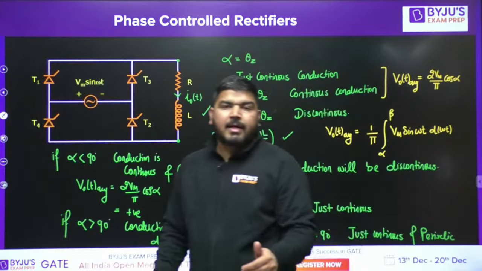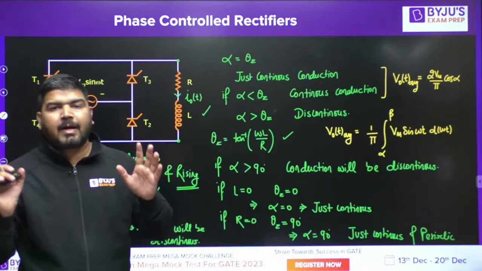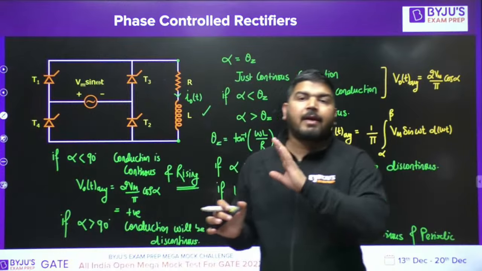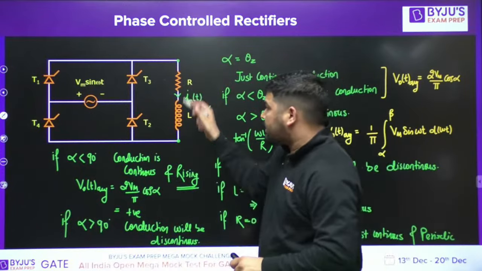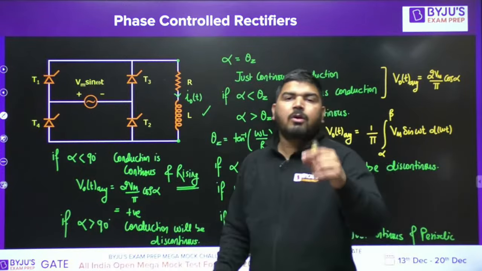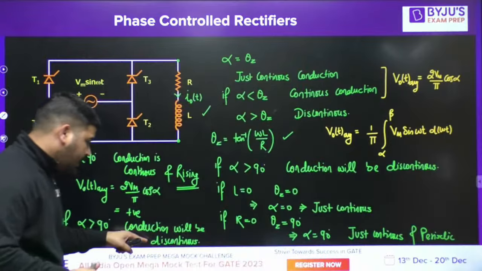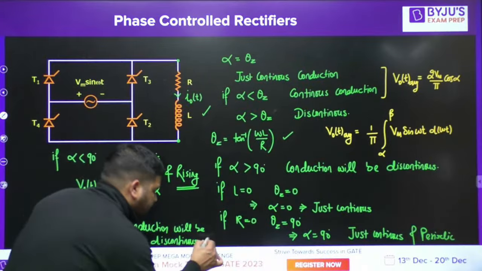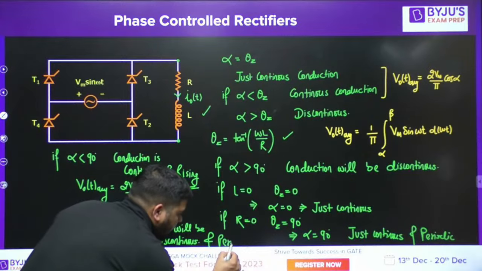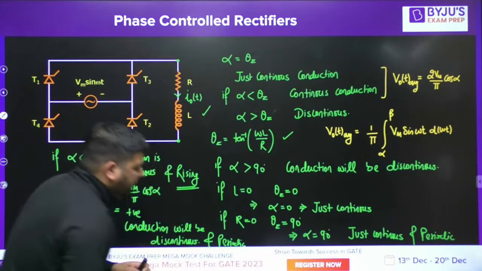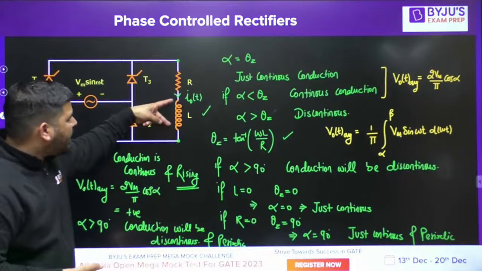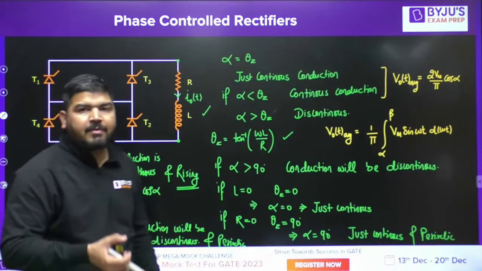Remember, in discontinuous conduction, current will always be periodic, whatever type of load is there. It means i naught of t will be periodic. Conduction will be discontinuous and periodic. Through this L, current will be periodic.